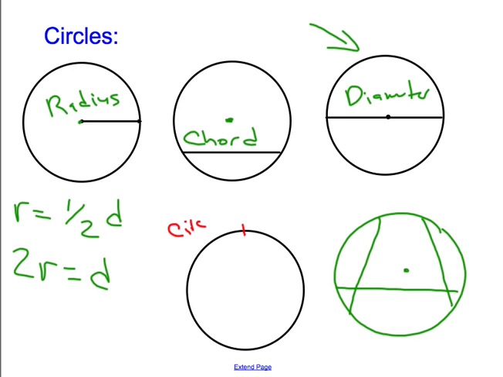Circumference. Just do the best you can to spell it. Circumference is basically perimeter. It is the perimeter of a circle, but we use the word circumference to be more specific with circles.